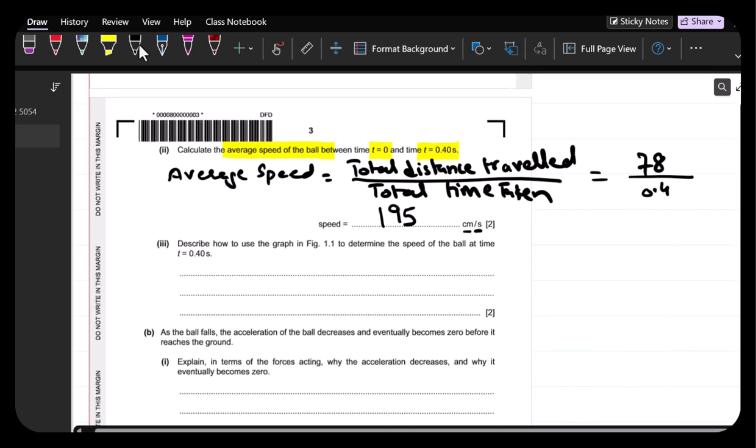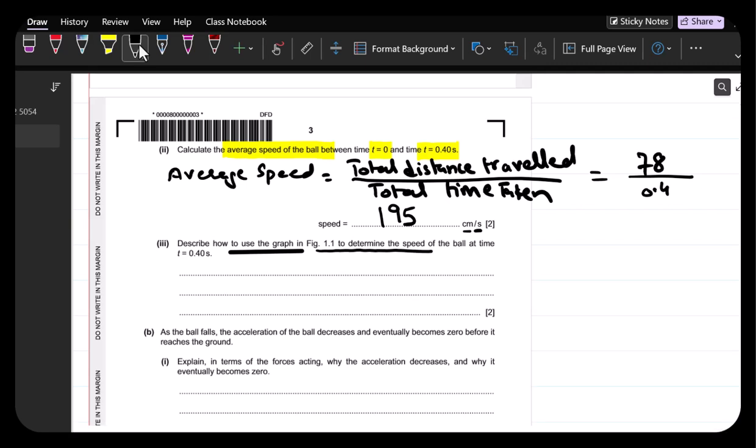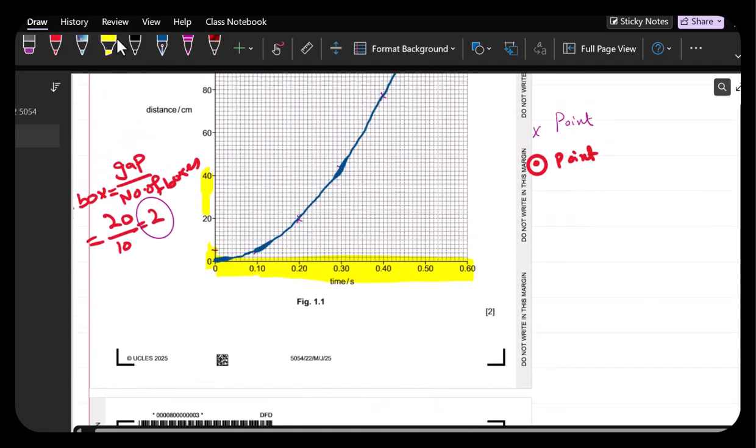Moving to part 3, describe how to use the graph in figure 1.1 to determine the speed of the ball at this time. This time they are asking for speed at time 0.4 second. So this is a curved graph.